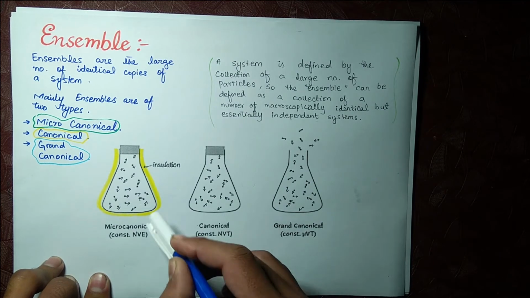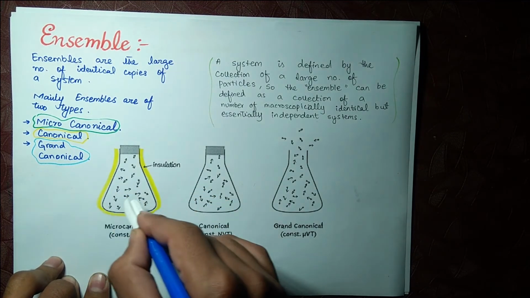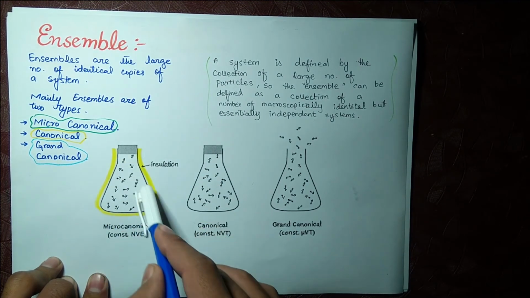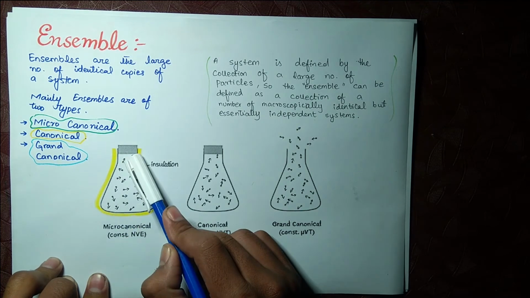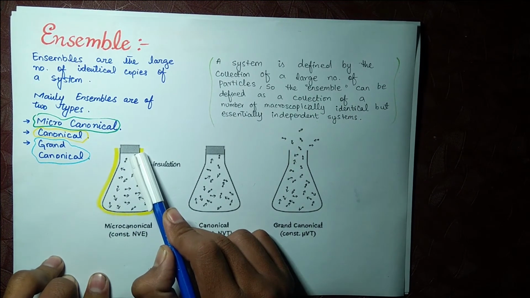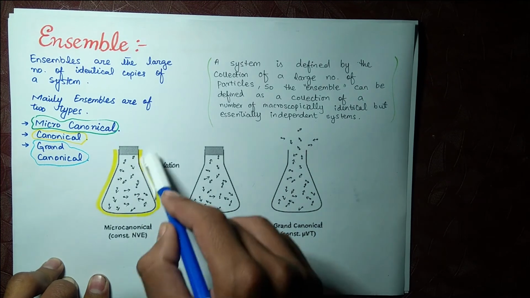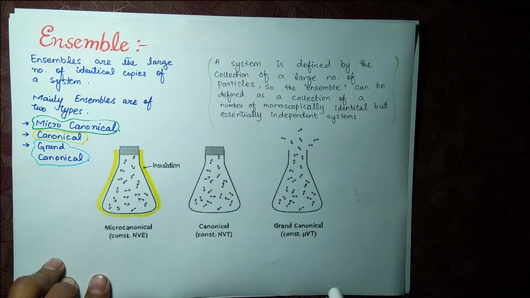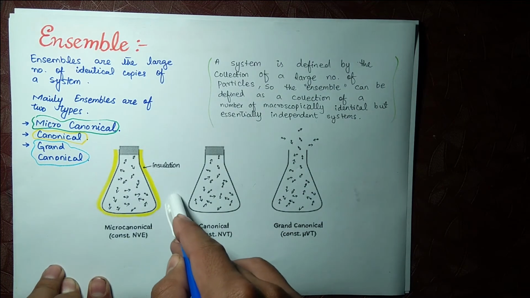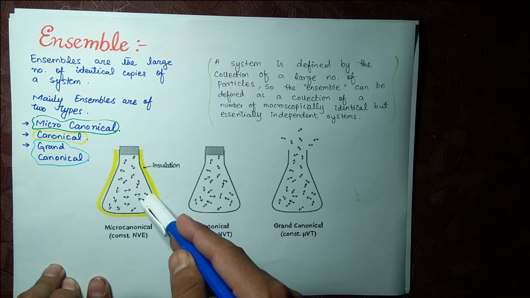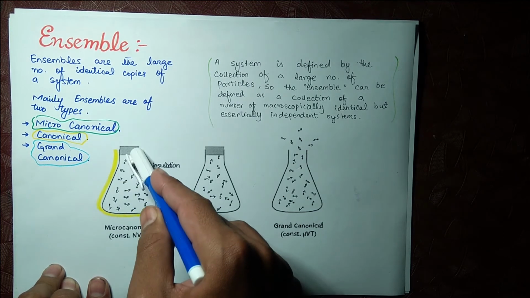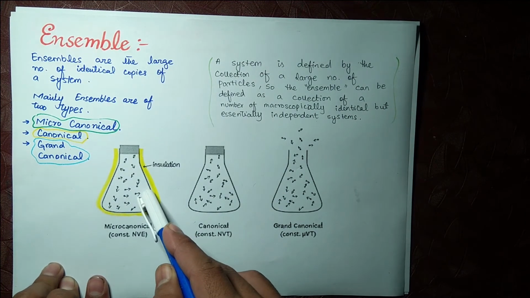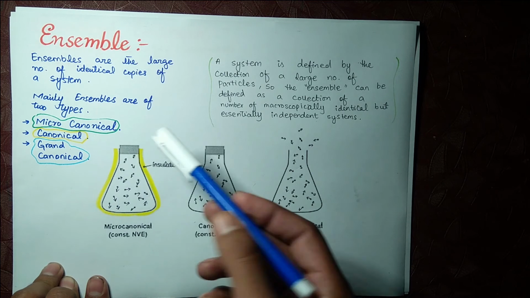Okay, so you can see here that the top of this flask is closed, and because of that no particle can go out, as in this case. So no heat change, no volume change, and it is a closed system, and the number of particles will remain the same.